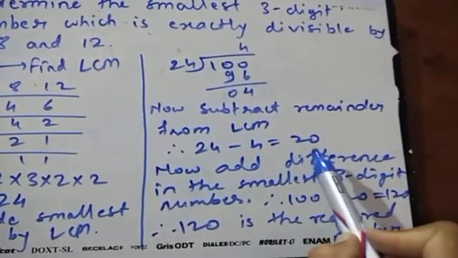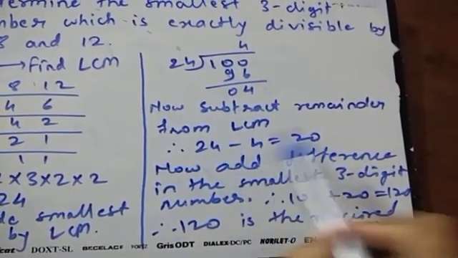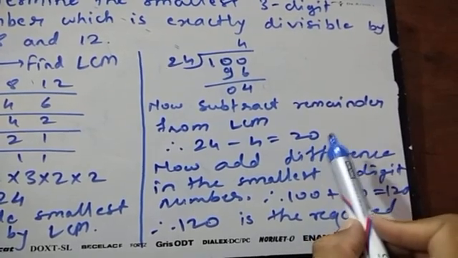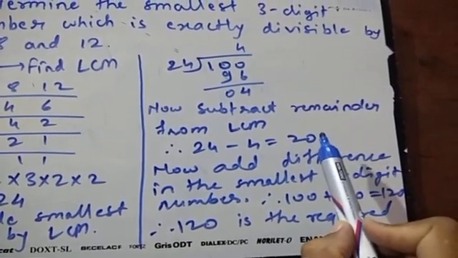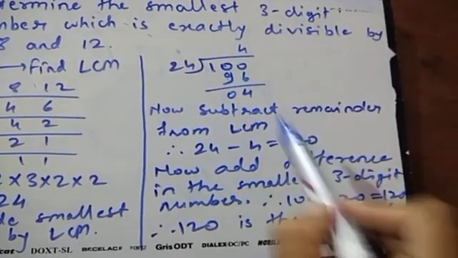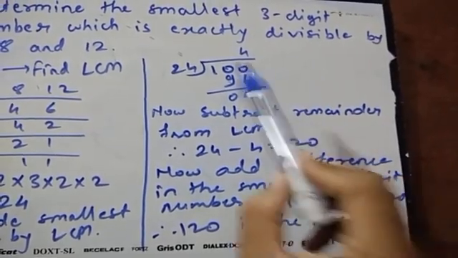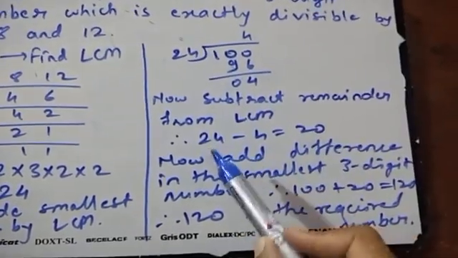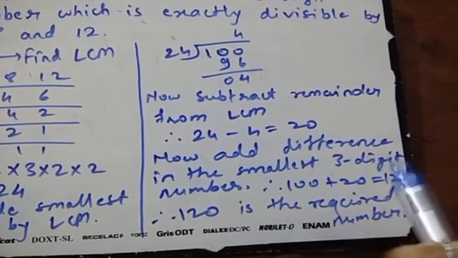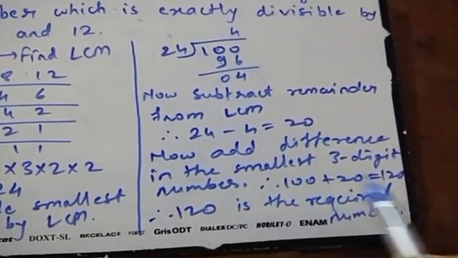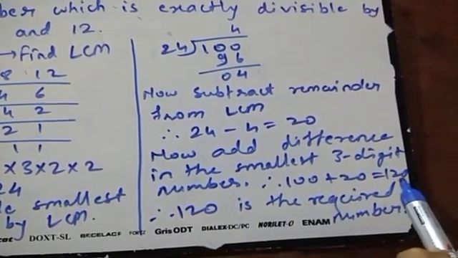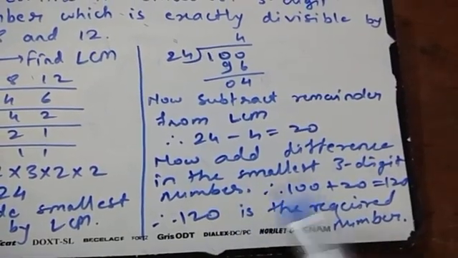So what will be the answer? We will get 20. 24 minus 4 is 20. And whatever difference we get, that difference we have to add to the smallest 3-digit number. Therefore 100 plus 20 becomes 120, and therefore 120 is the required number.